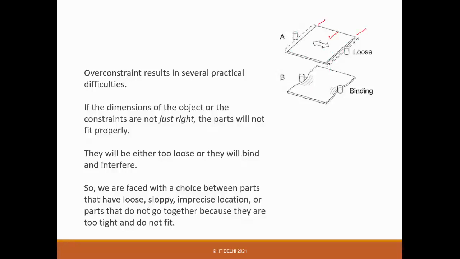If it's bigger than the width between the posts, it's going to squeeze the component. So there will be a binding effect. Or it will be loose. It means there will be a gap left, and then the things can move. So there will be a clearance. So from a precision point of view, both are not good, right?